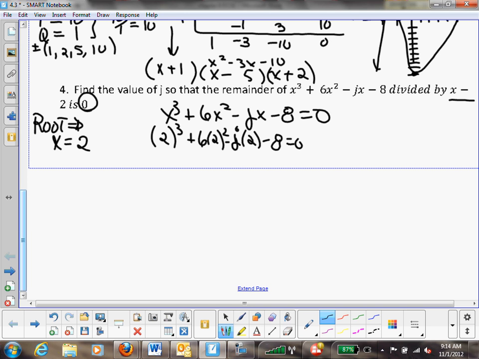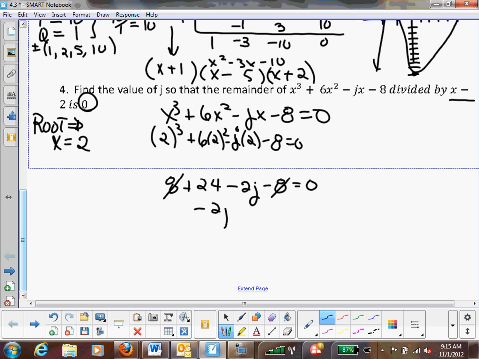Okay? So that's 8 plus 24 minus 2j minus 8 equals 0. These 8's drop out. Negative 2j is equal to negative 24. Therefore, by default, j is equal to 12. So for all of this to be 0, when x minus 2 is my factor, the only value that j can be is 12.